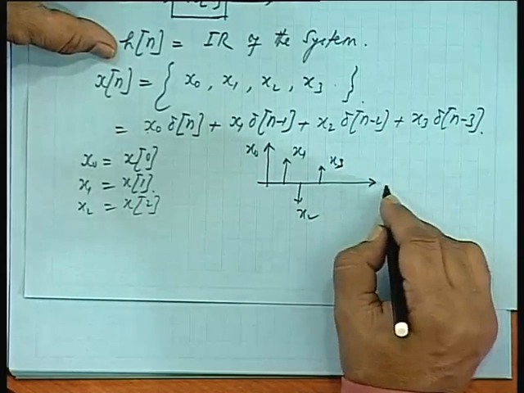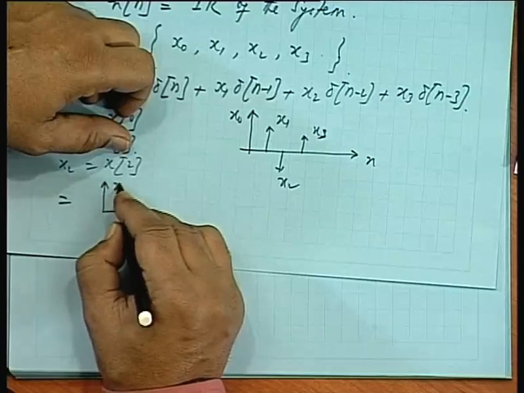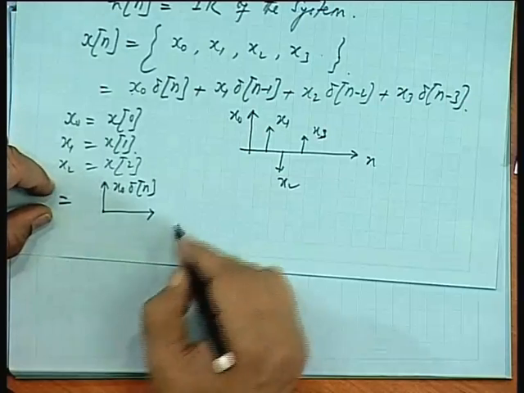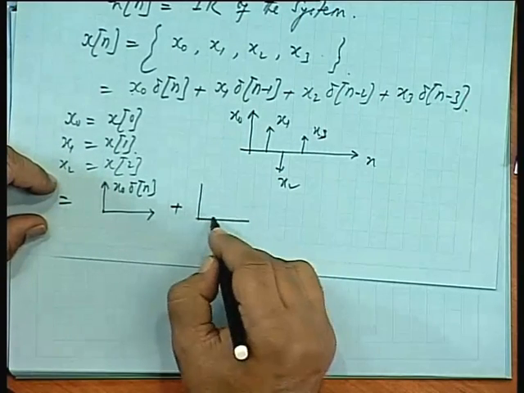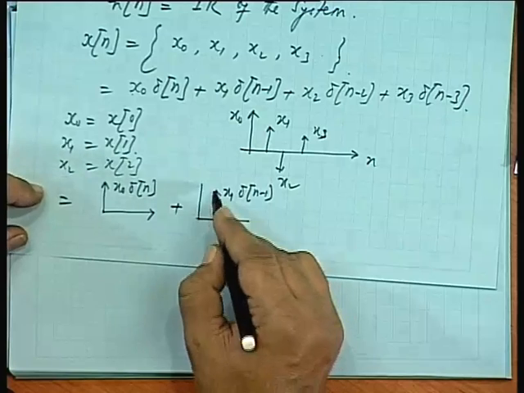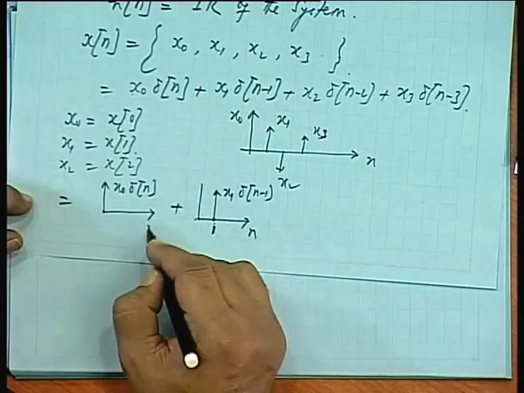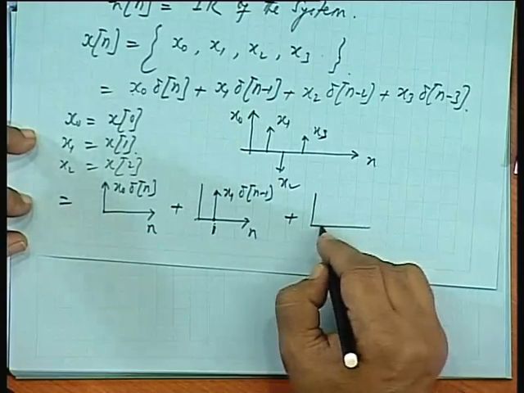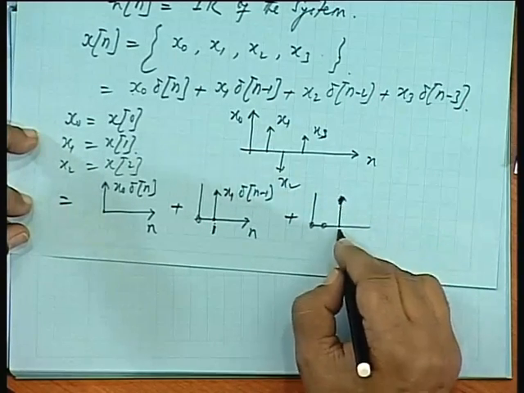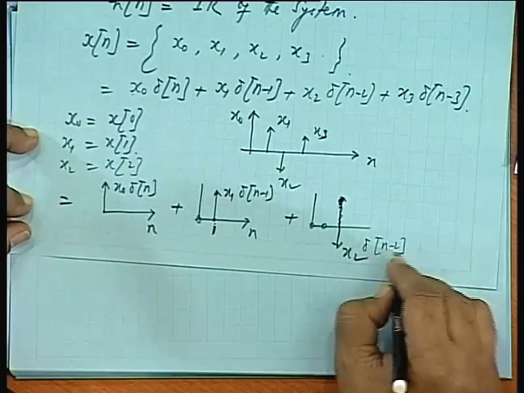We are trying to represent this sequence as x0 multiplied by delta n, plus x1 delta n minus 1, that is, of magnitude x1 with an impulse occurring at n equal to 1, plus x2 delta n minus 2 and so on.